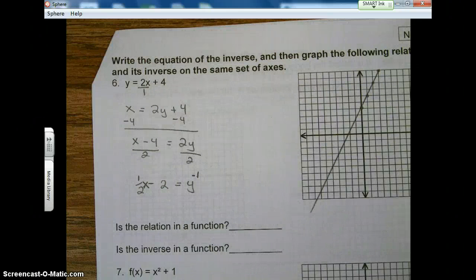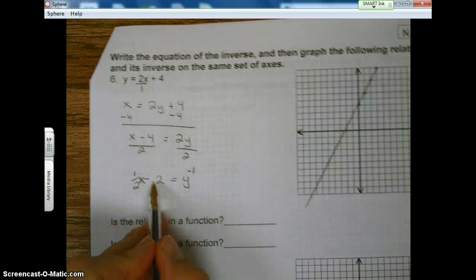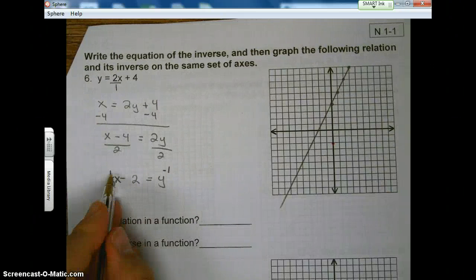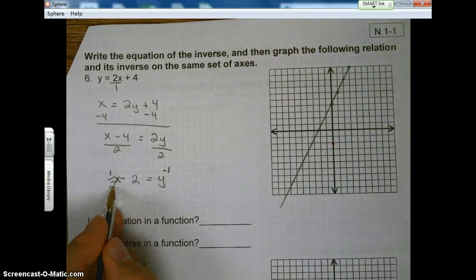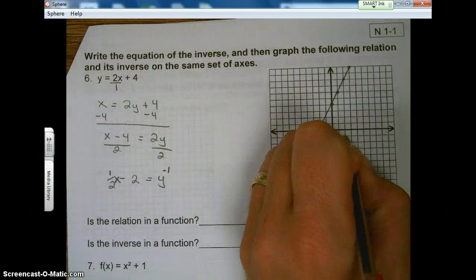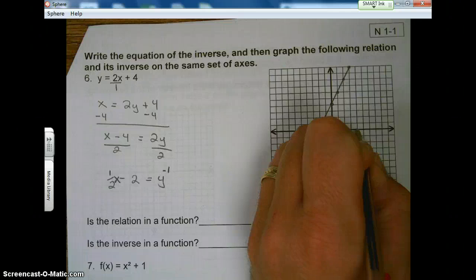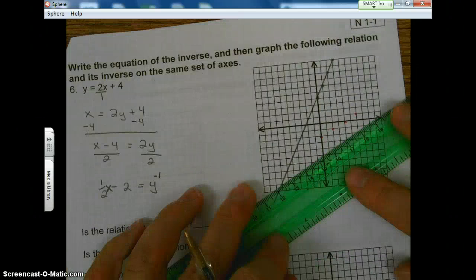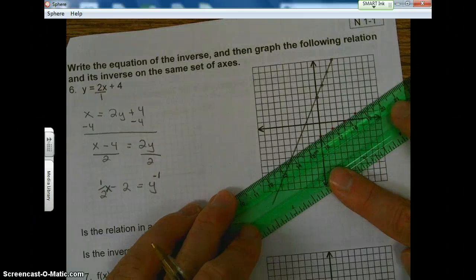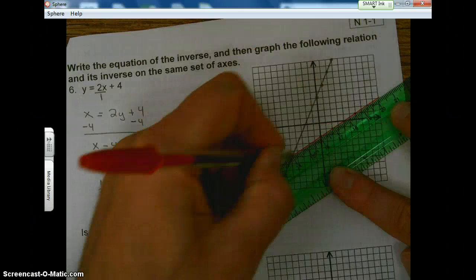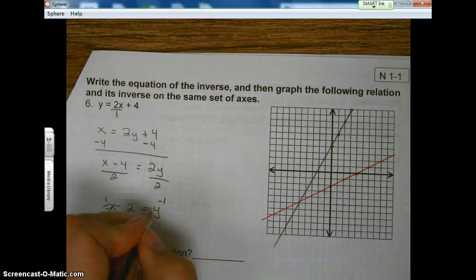Let's use a different color. We got a y-intercept of -2 and a rise and run of 1 and 2, so rise 1, run 2. Alright, let's go ahead and draw that. That's going to be this, the inverse function.